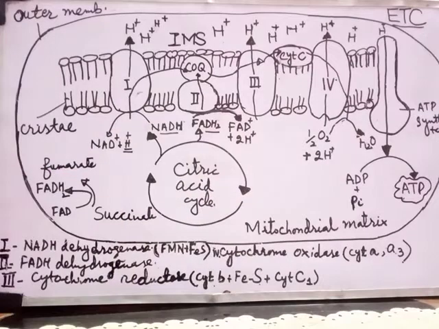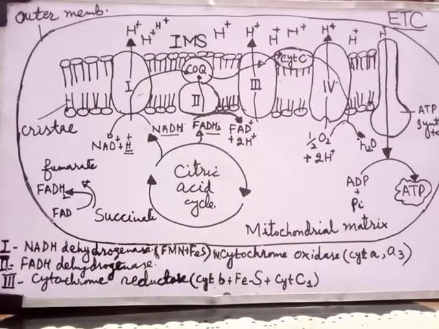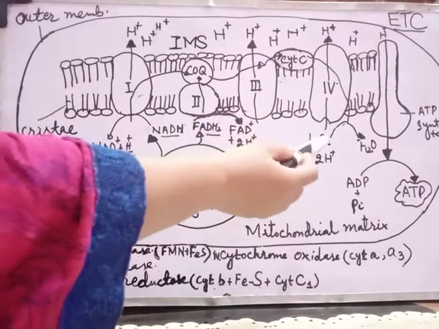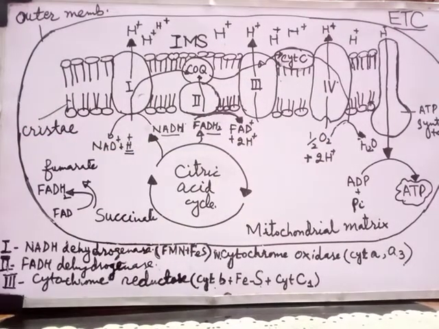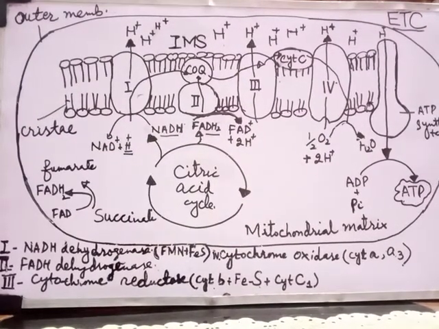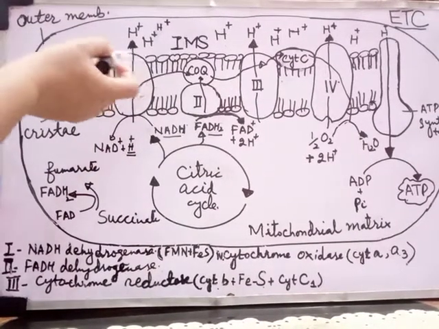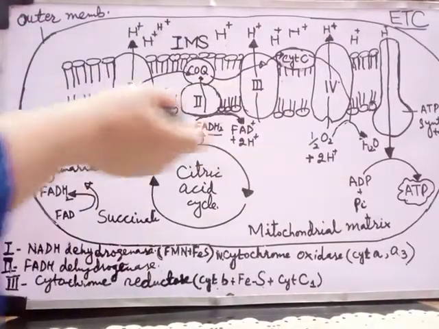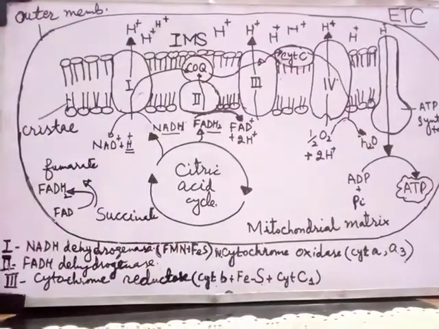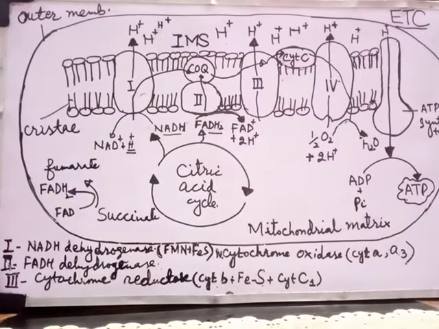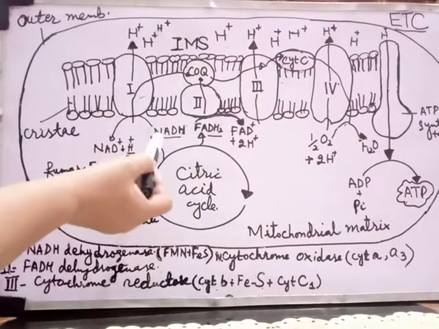As a result, ATP is formed. As oxygen is involved during this process of ATP formation, it is called oxidative phosphorylation. And as membranes are used for the movement of protons, this whole mechanism is called chemiosmosis.